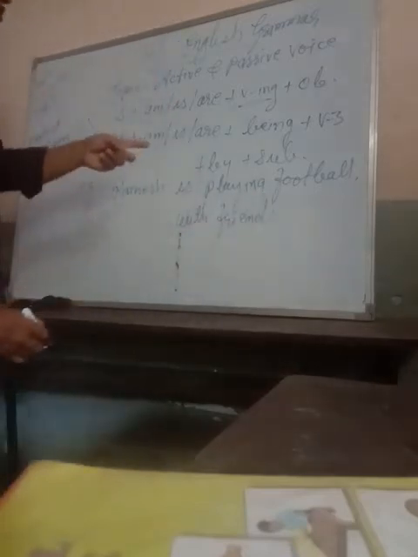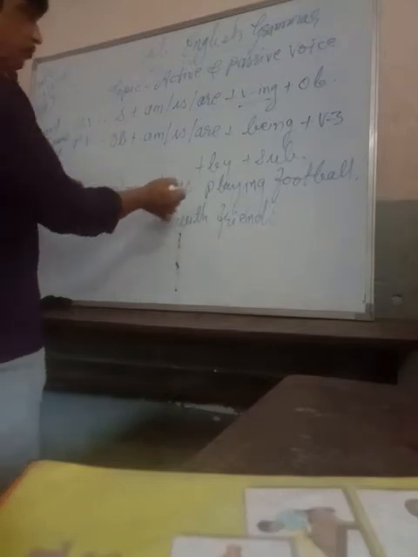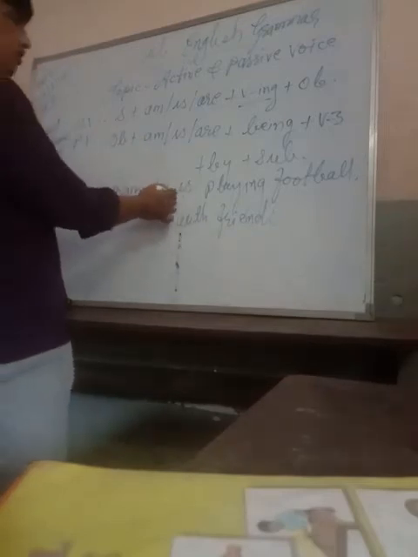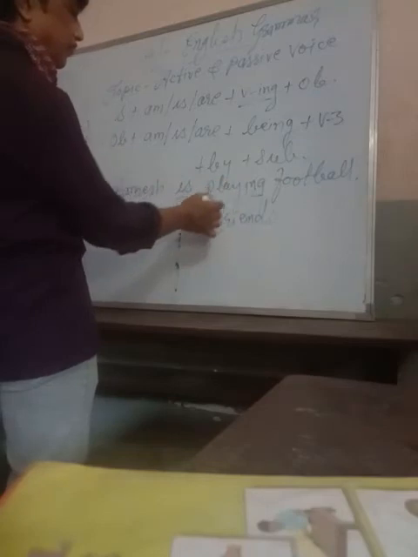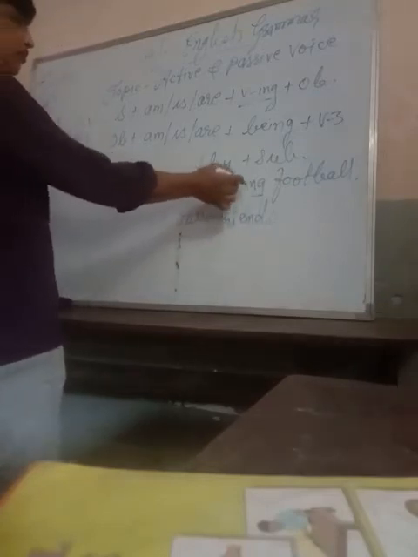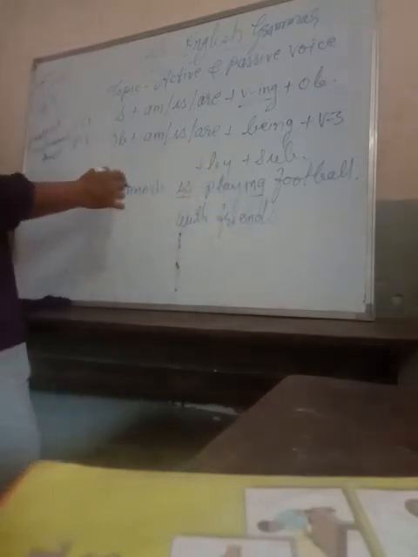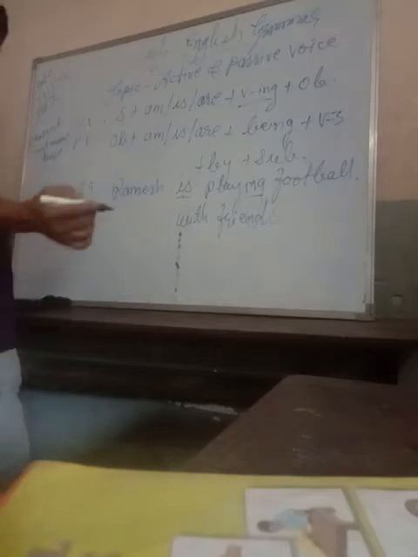Now look here, Ramesh is playing football with friends. Actually it is present continuous tense, so is, to be form, and ing. The verb comes with ing, which is present participle. So it shows that the action is going on, is continuous.